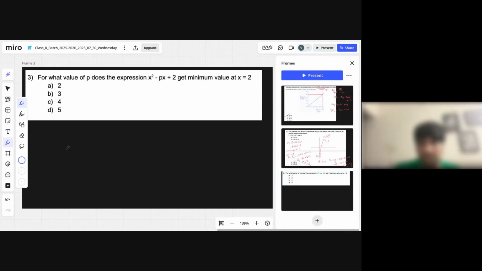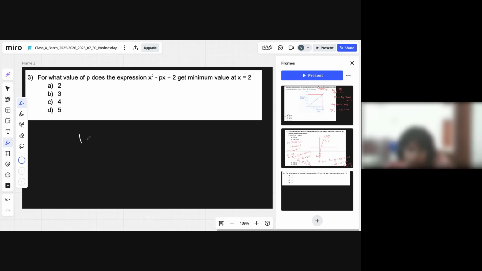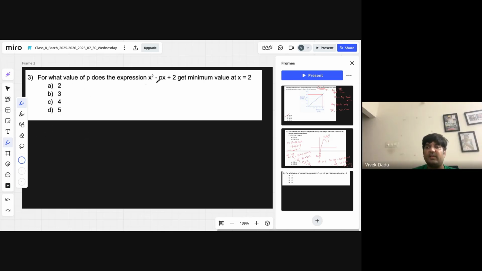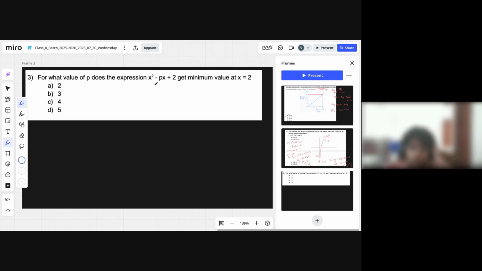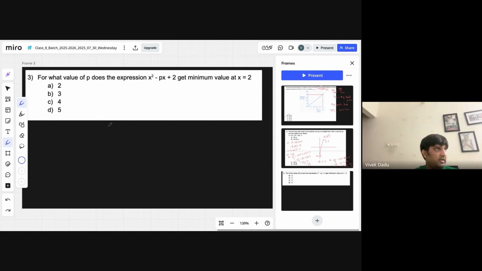Sir, even I have a doubt in the third one. Okay, for what value of p does the expression get minimum value at x equal to 2? What is the expression? Sir, x square minus px plus 2. Right? So how do we ascertain the minimum value point?